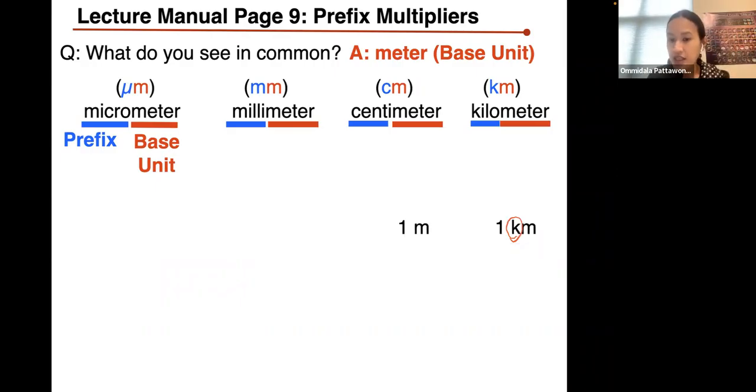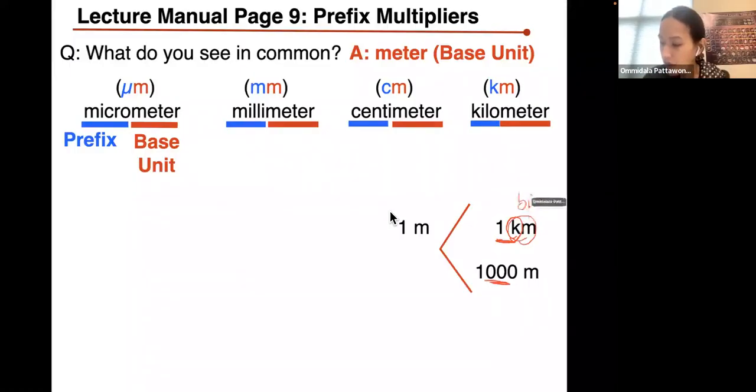If I do this, it turns out that there are 1,000 meters that are equal to 1 kilometer. So 1,000 of this is equal to 1 of this. So you see that 1 kilometer is actually bigger than 1 meter, because the unit kilo, whenever it comes before any base unit, is always going to be a bigger value than the meter.